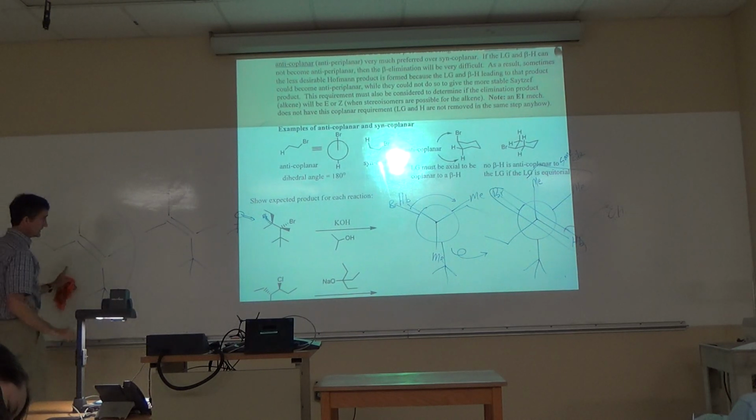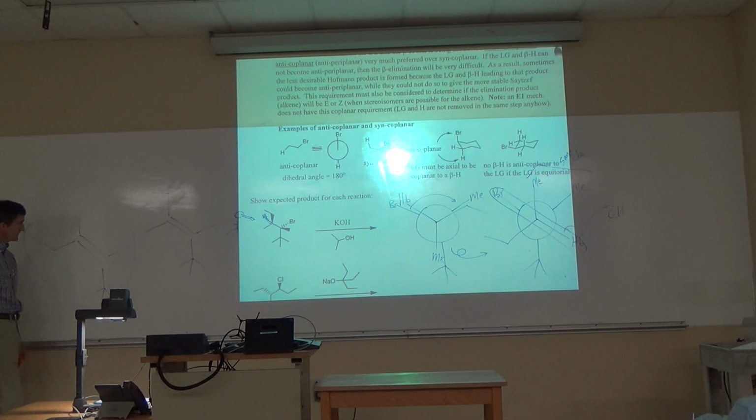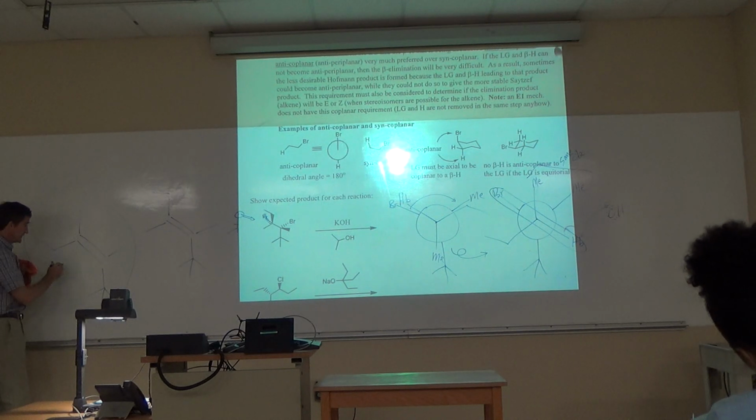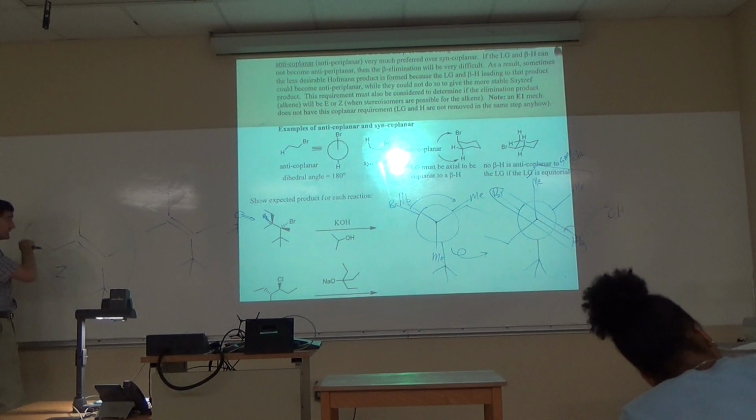And so this is Zaitsev product. But it's this stereoisomer. By the way, is this E or Z? The two big groups are on the same side. It actually is Z. Is this the best alkene?